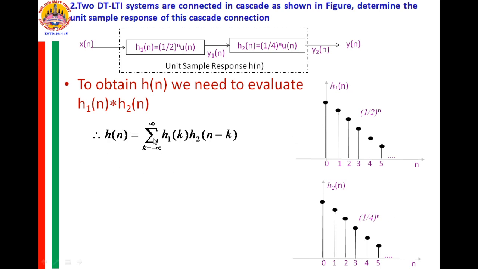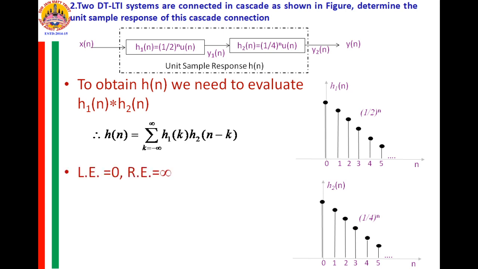So this convolution sum expression is the summation over k from minus infinity to plus infinity of h1(k) h2(n minus k). To evaluate it, we have to sketch h1 and h2 with respect to k, reflect h2 about the origin, redesignate it as h2(minus k) and resketch.